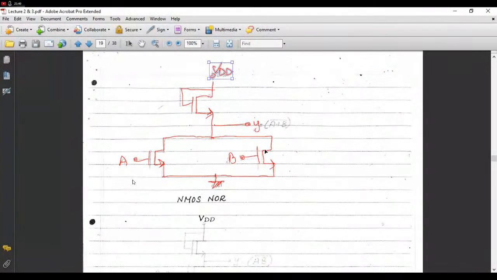As a result, electricity will flow from VDD towards output, and we'll get a value of 1. If both of them are 1, that means both are on, or if any one of them is 1, either of the NMOSes is on, electricity will flow from VDD towards the ground, and the output will be 0. Okay? Is it clear?